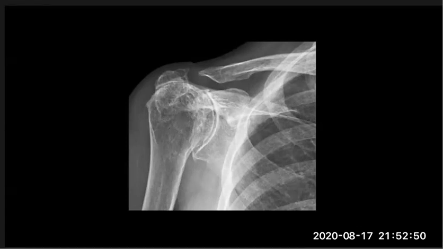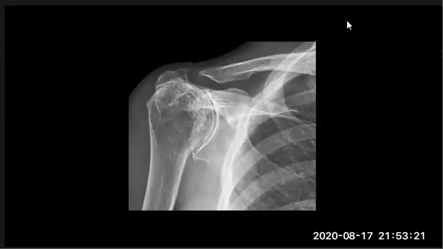I think it is a permeative lesion, Doctor, because there is multifocal trabecular irregularity, with some cortical destruction involving the lateral aspect of the humeral head. Or it is a periosteal reaction.